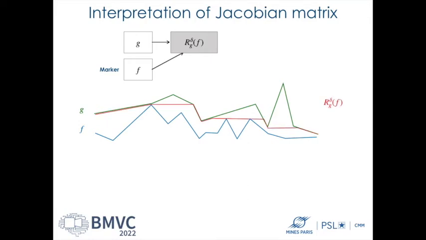We have in blue F, in green G, and our reconstruction is the line in red. We can note that the reconstruction outputs contain values corresponding to the image G or flat zones that are points without gradient. I mean, it's completely flat.